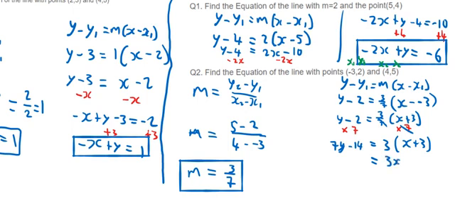So I'm getting 3x plus 9 on the right hand side, and I'm getting 7y minus 14 on the left hand side, and then I can subtract 3x on both sides just to tidy it up a little bit.